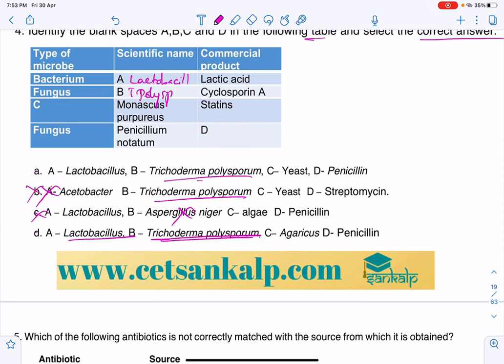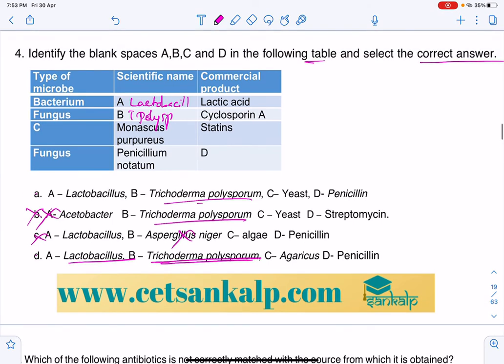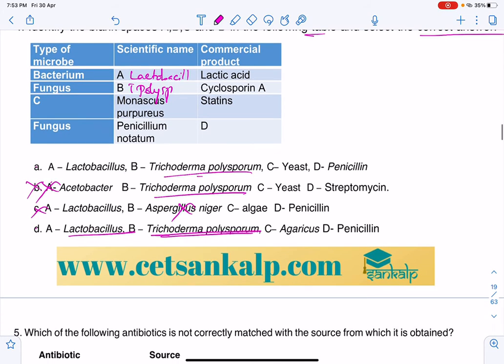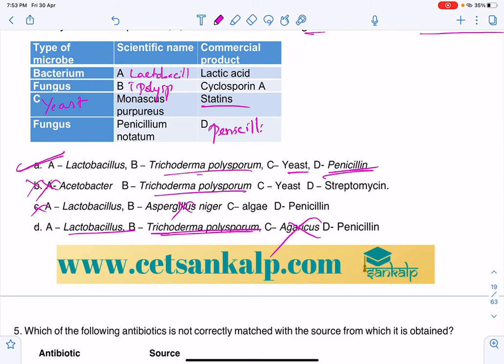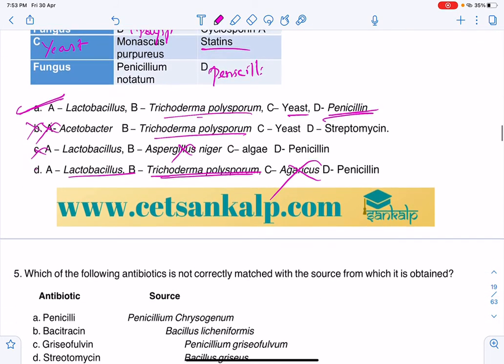And C, Monascus purpureus, that is for statin. Monascus purpureus, a yeast, that is also a fungus, will be used to obtain statin. And the fungus Penicillium notatum, the commercial product obtained using it is penicillin. This is not Agaricus, that is mushroom. So the answer is A.